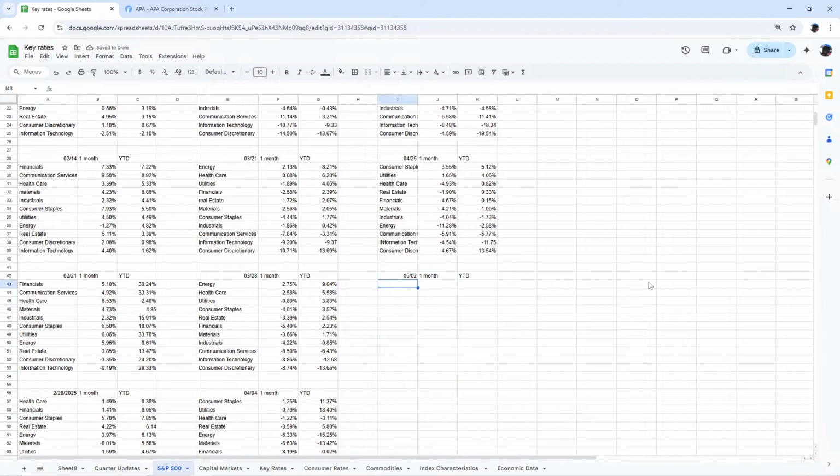All right. So if I bring this over here, we got consumer staples taking it off at the top. And then we got utilities, real estate, financials, industrials, materials.